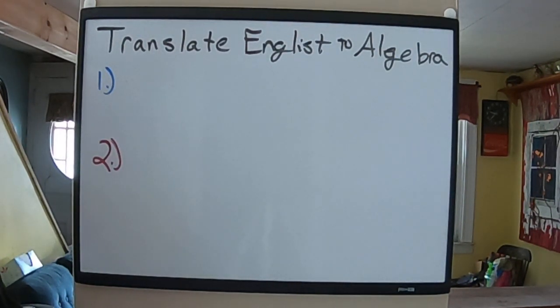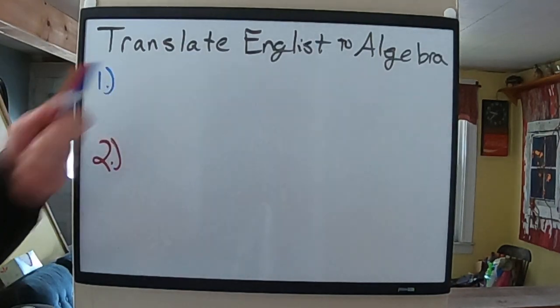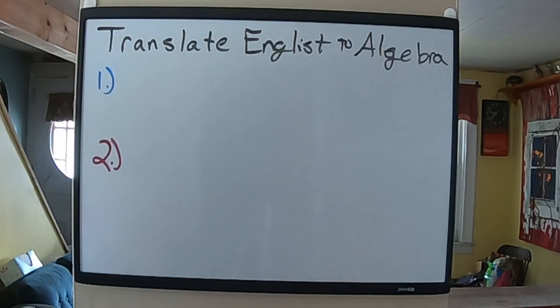I have shared with you in this document the Translating English to Algebra worksheet here, which is 1 through 21. But in addition to that, I've also shared with you a sheet that you can make a copy of into your own notes on your own Google Drive.